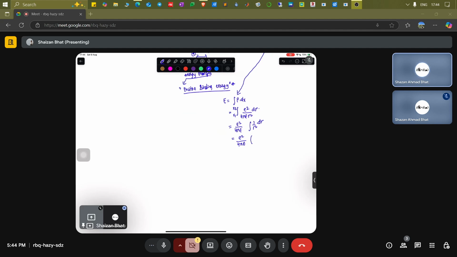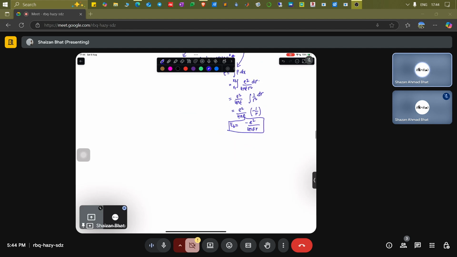What do you get? You get minus 1 over r, and you get minus e square over 4 pi epsilon r as the energy, which is basically the binding energy of the exciton.